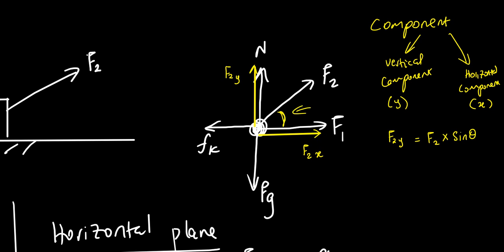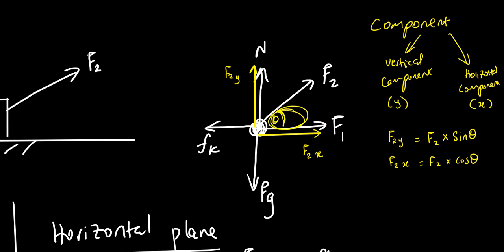So the angle here is the one that we use now to get the size of F2y. And then the one that is acting horizontally, if I want its magnitude, I will say F2x is F2 multiplied by cos of the same angle that we're talking about.